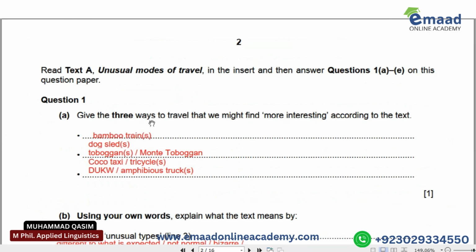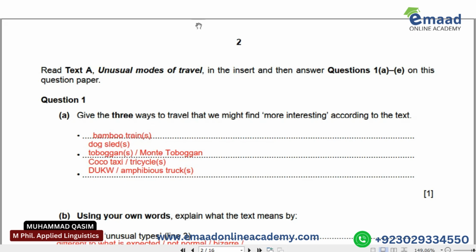There can be different types of questions, like explicit meaning of the text, implicit meaning of the text, or information based questions where your ability is tested, like how well you can use information from the text for a specific purpose to answer a specific question that is being asked to you.